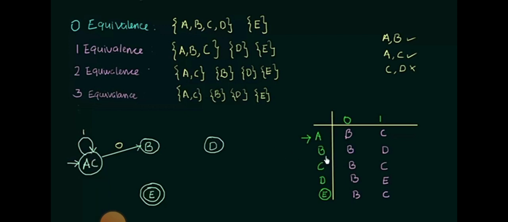Let's come now to B. When B gets the input of 0, it loops back to itself on input 0. Then B goes to D on input 1. D, on getting input 0, goes to B, so we put 0.